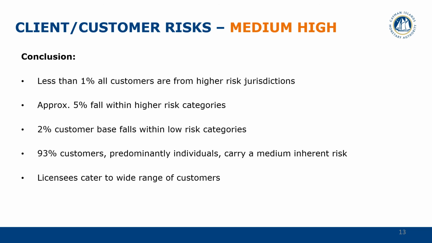The conclusions drawn were that less than 1% of all customers were from higher risk jurisdictions and only 5% fell within the higher risk categories. 2% of the customer base fell within low risk categories. So 93% of customers, predominantly individuals, carried a medium inherent risk. It was also concluded that licensees cater to a wide range of customers.